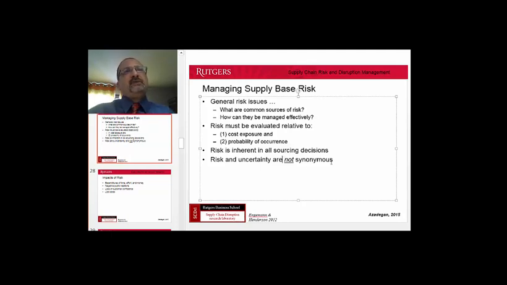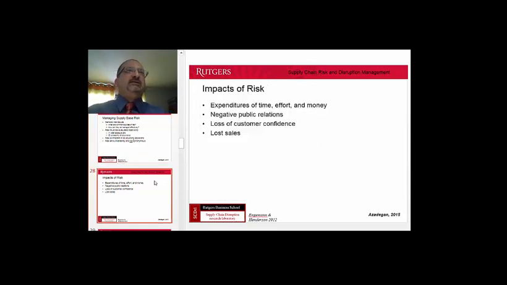And the other thing we're going to talk about in this class is differentiating between risk and uncertainty. Hold on to that thought as we come back to it, but uncertainty and risk are not necessarily the same. Nevertheless, risk can mean that we're going to have expenditures of time, effort, and money to fix things and put them back to normal.